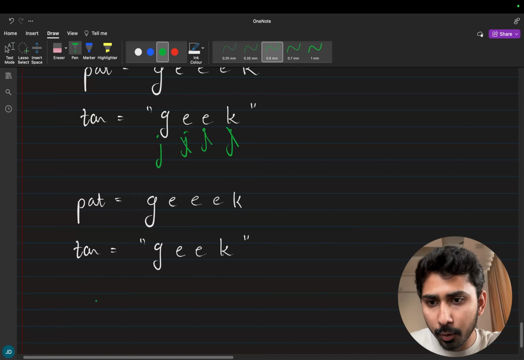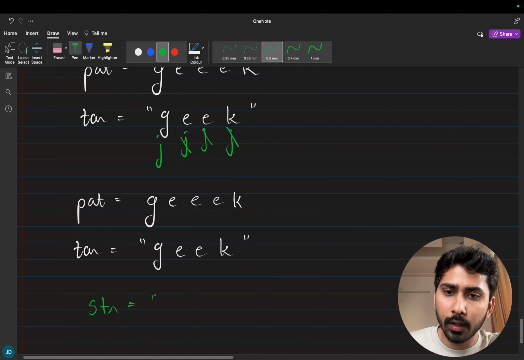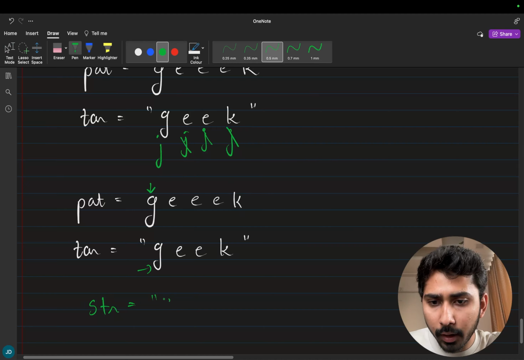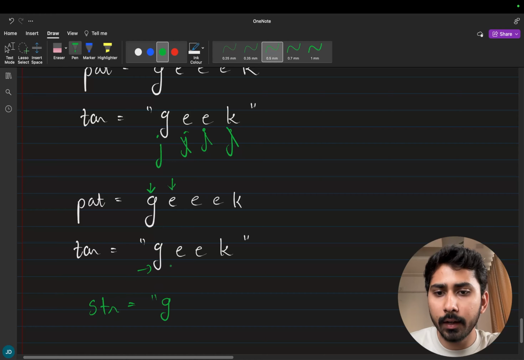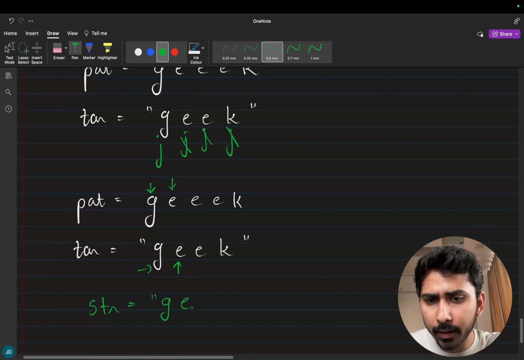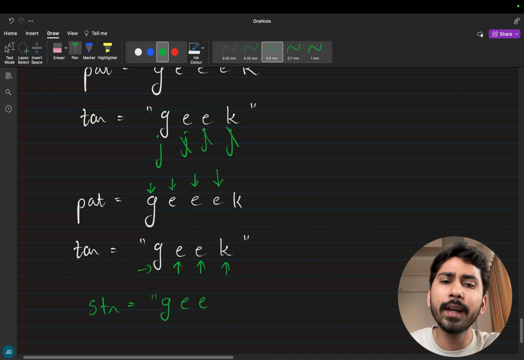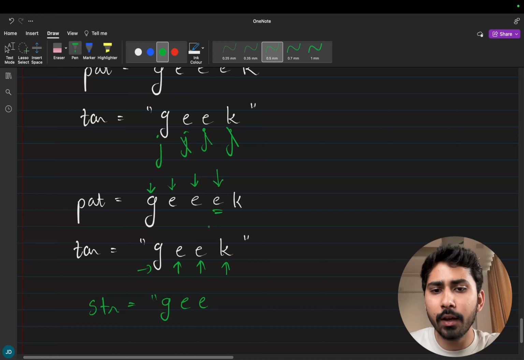Let's imagine you have str over here. We are currently pointing to G. We need a G. I can observe G is there, so I'll generate a G. Now I need an E. Here also E is needed, so I'll append an E. Now I have an E, so I'll append E. I have an E over here, but now I need a K. So for this E, I'll use a delete operation.